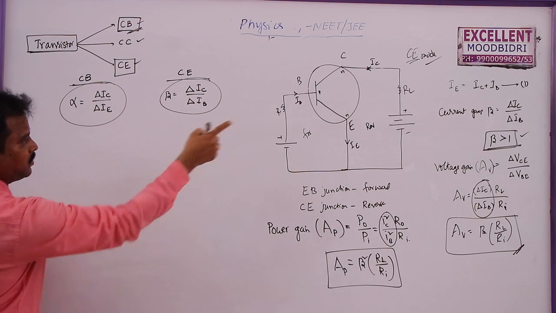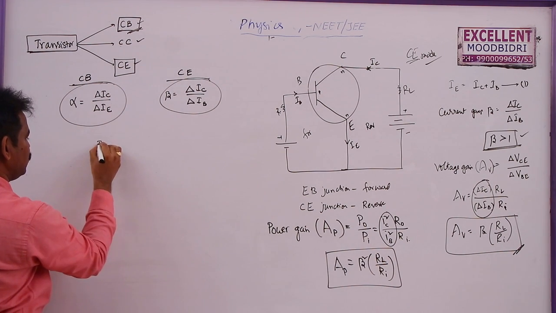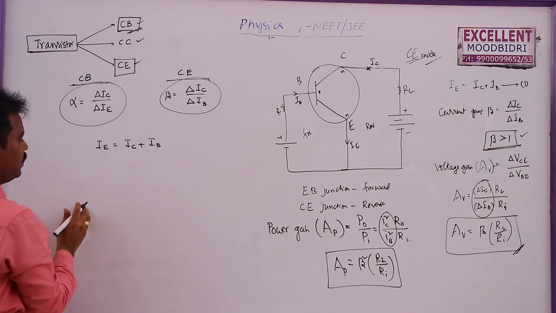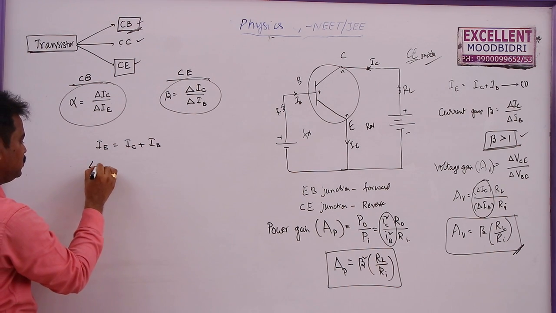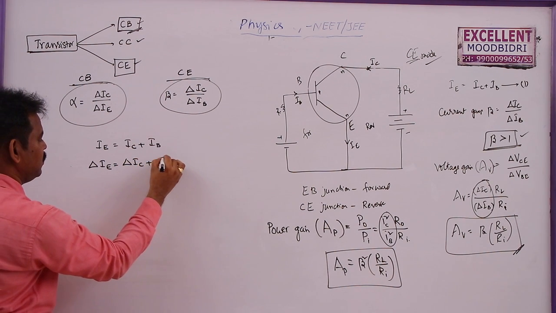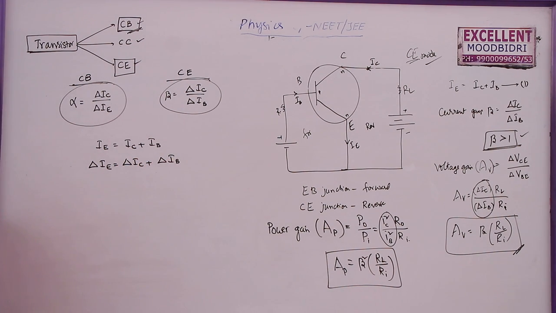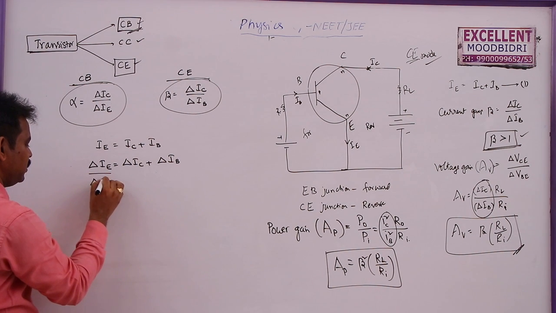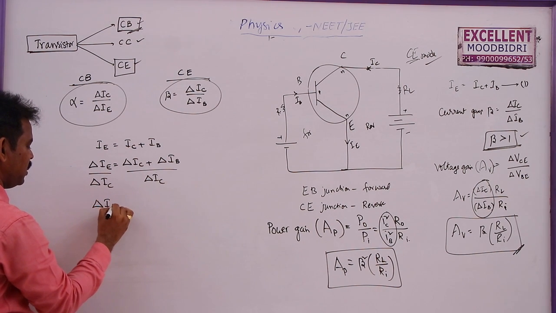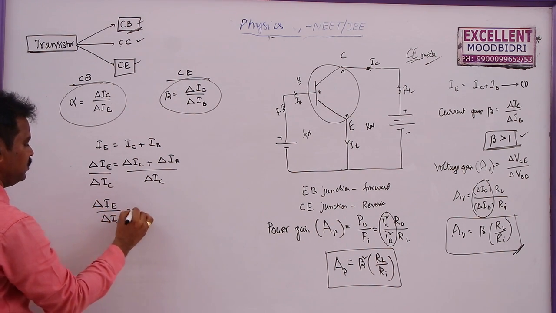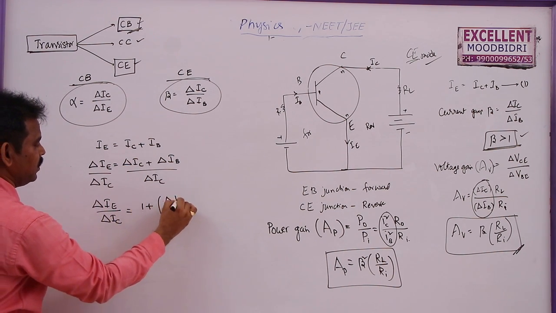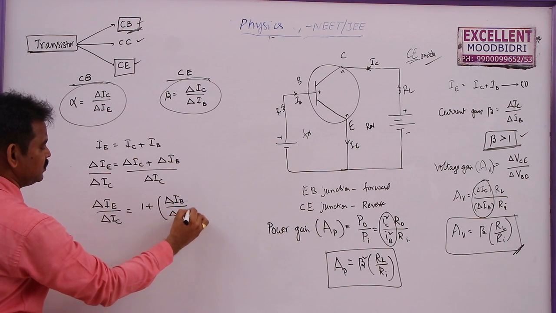Here let me take that equation 1, which is IE is equal to IC plus IB. Now if you write the changes here, the change in emitter current is equal to change in collector current plus change in base current. Now if you divide this with the change in collector current on both sides, you can write this as delta IE by delta IC is equal to, delta IC by delta IC will be 1, plus delta IB by delta IC.